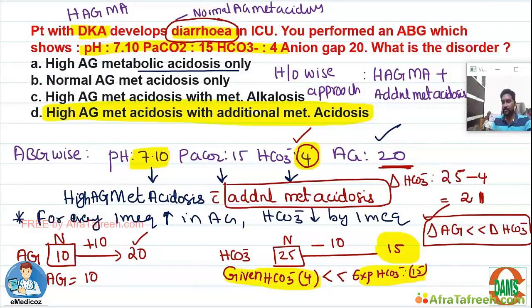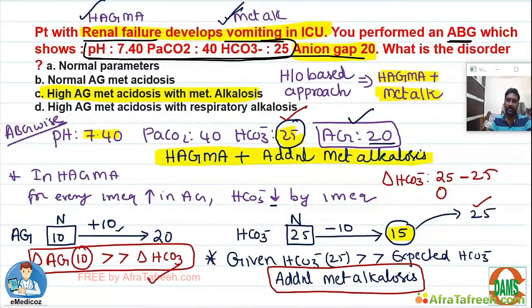So either you can use this delta anion gap, delta bicarbonate relation, or just in simple words, for every 1 milliequivalent increase in anion gap, bicarbonate should decrease by 1 milliequivalent. So you compare whether the relationship is happening the same.